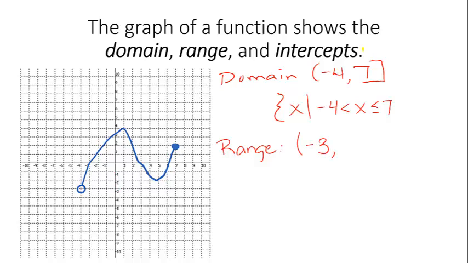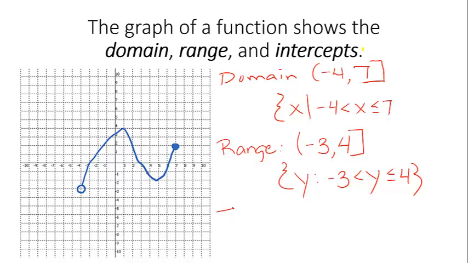And then I want to keep going along the y-axis and look for the highest point on the graph, which is right here, which corresponds to this y value of 4. And because it is a point on the curve of the graph, it is included. So if I want to write that in set notation, I would say y such that -3 is less than y, which is less than or equal to 4.